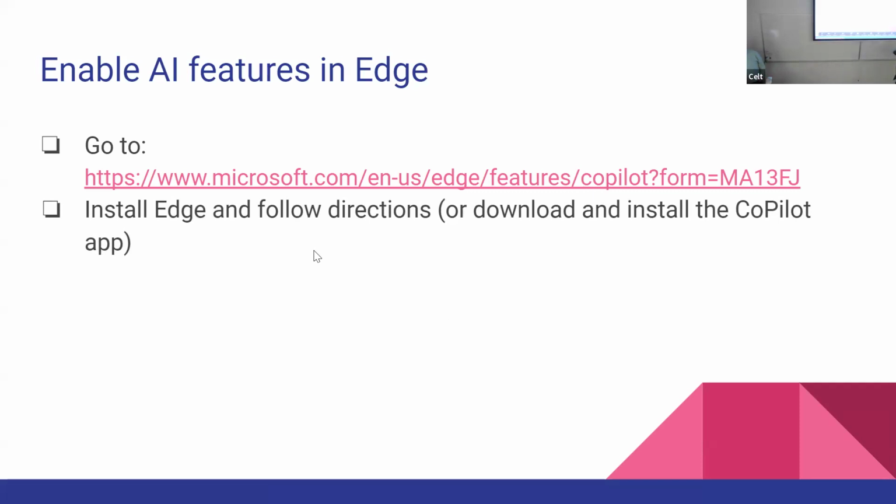If you go to this page, it also allows you to download the Copilot app. The Copilot app is basically a slightly tweaked version of ChatGPT 4, which is now the public release, but it was a little bit ahead of it. It also gives you access to DALL-E, so you can use it for image generation as well, which you can't do without a paid account or without paying per creation if you're using OpenAI's version of that.